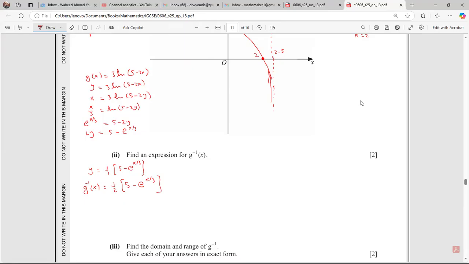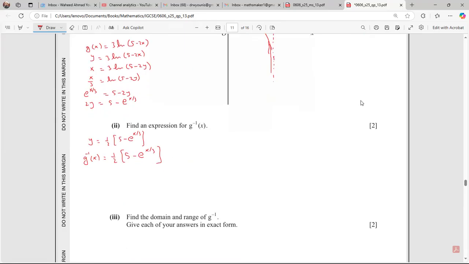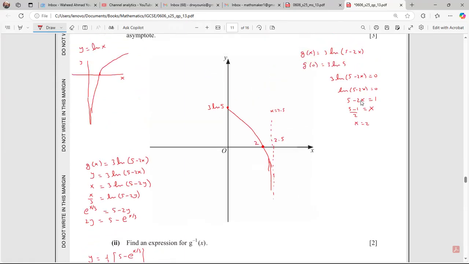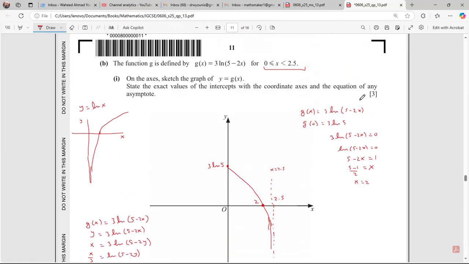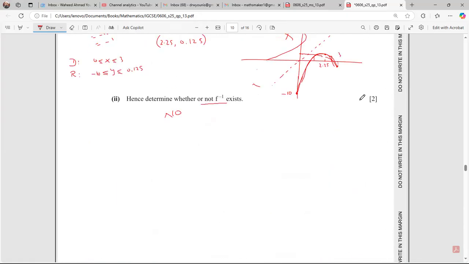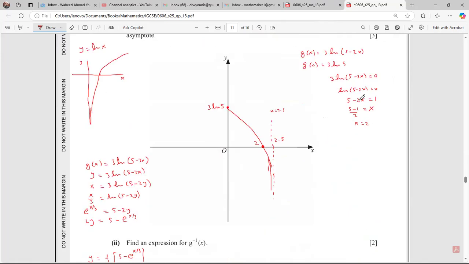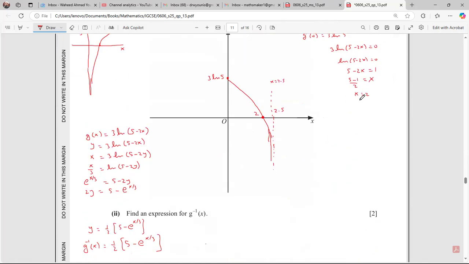Okay, find the domain and range of this function. Okay, so for g of x, the domain was x between 0 and 2.5. 2.5 is not included, but 0 is included.